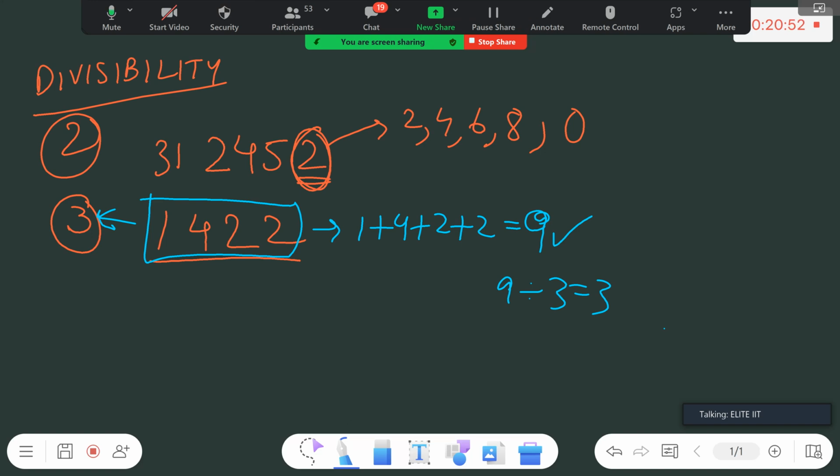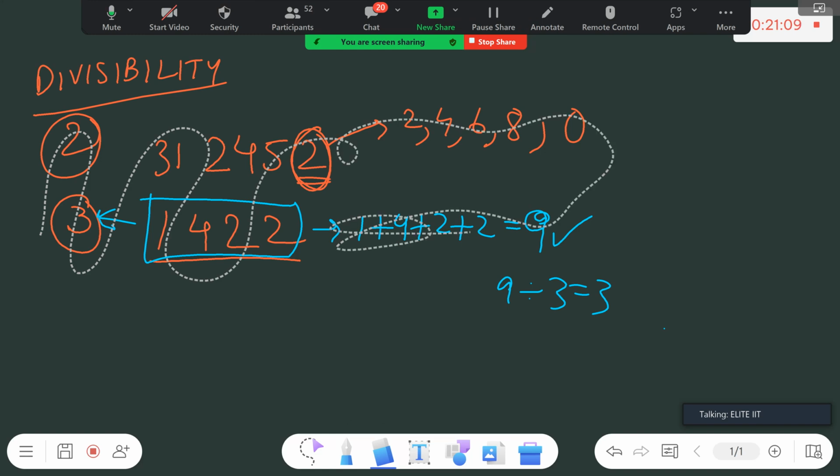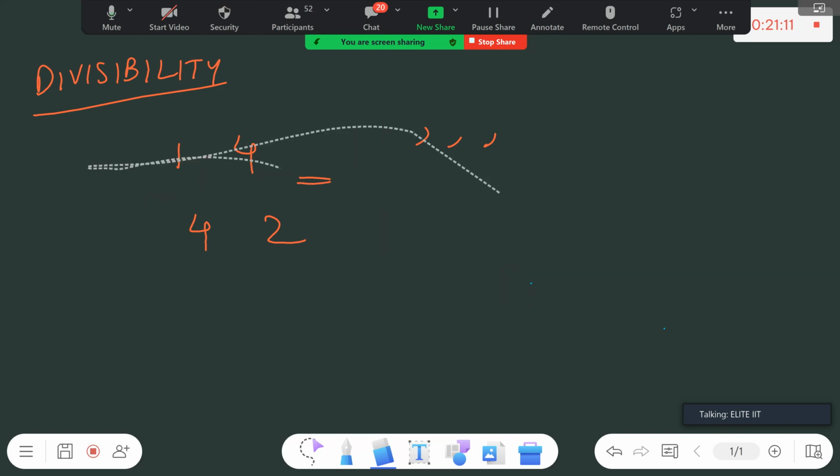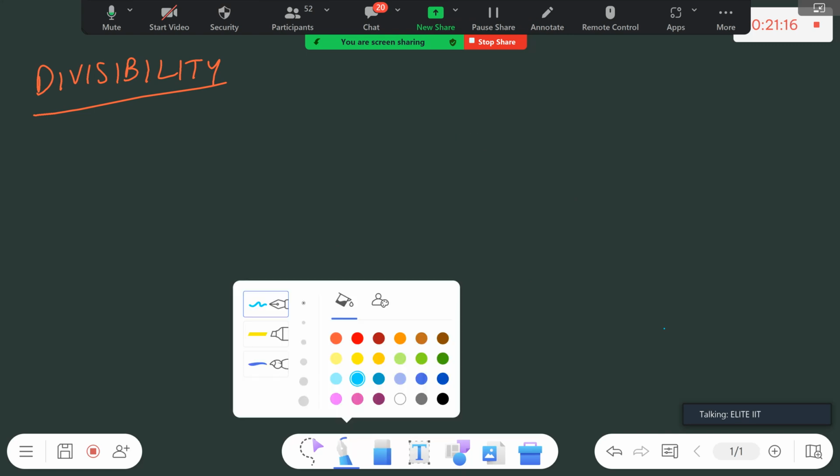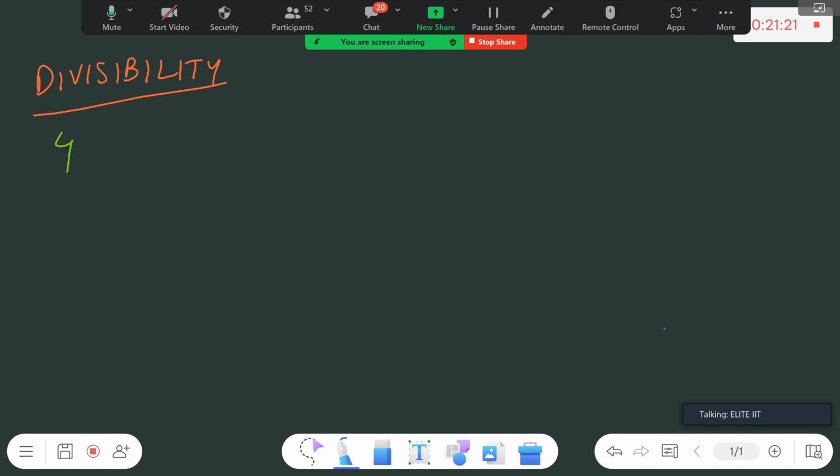So this is the test of divisibility by 3. If the sum of the digits is divisible by 3, then the entire number is divisible by 3. Okay. What is the test of divisibility by 4? If the last two digits of a number are divisible by 4, then the entire number is divisible by 4.